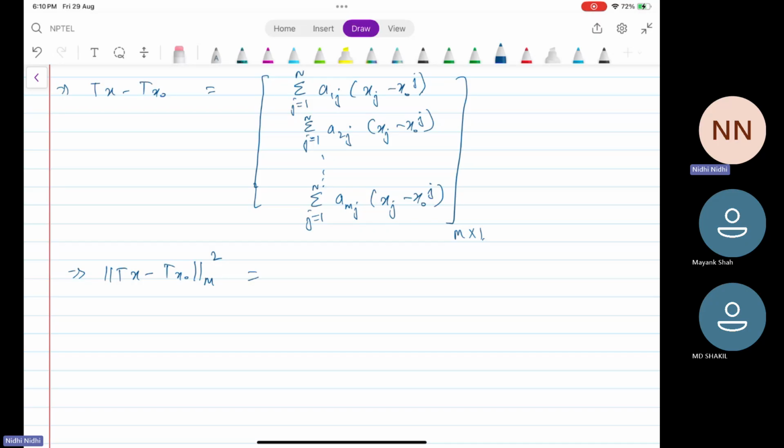It is summation i from 1 to m, and then we take the square of the terms. Each term is summation j from 1 to n aij times xj minus x naught j, whole square. Is it clear how we are taking this norm?